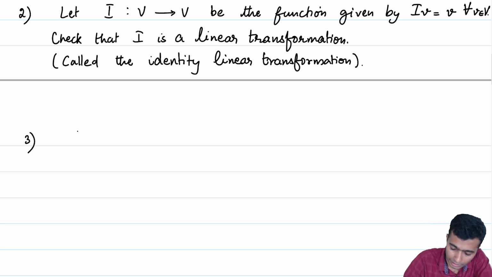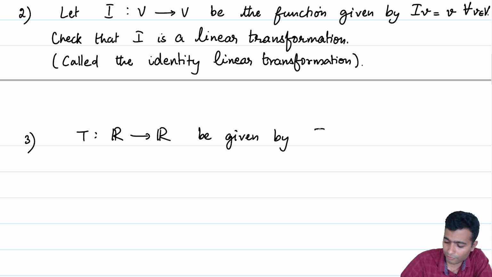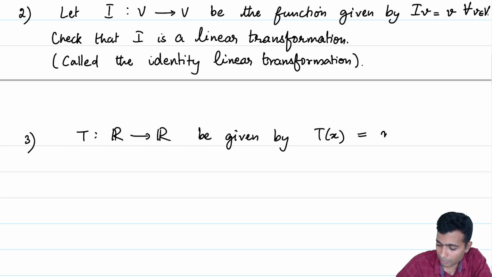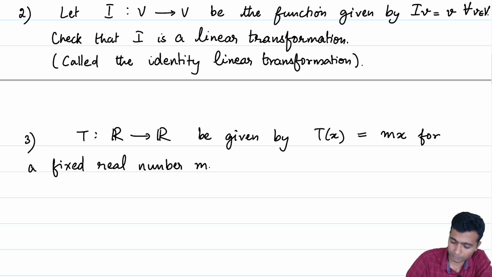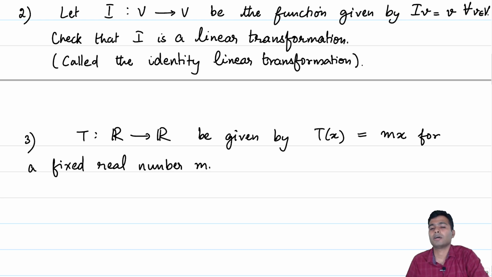Let T be a map from R to itself, given by T of x, an element in R, is sent to m times x for a fixed real number m. Then T will be a linear transformation.